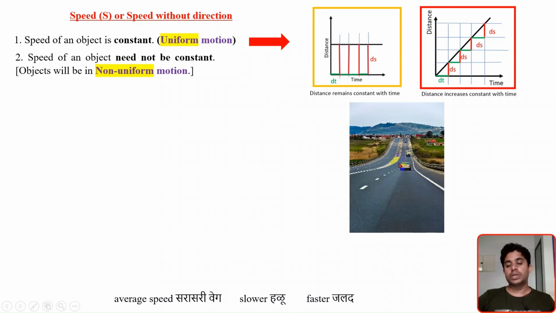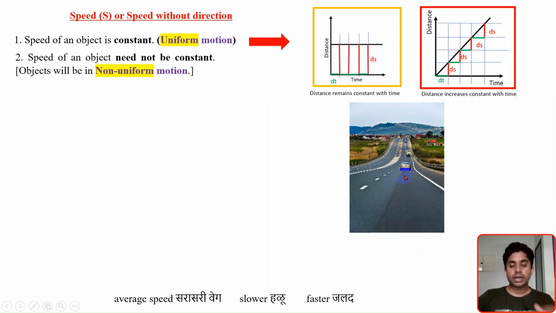Here, the car as an object, when it is traveling on the road, has many variations in speed: increasing speed, decreasing speed, maintaining constant speed, applying brakes and reducing speed suddenly. These are the kinds of things we experience while driving the car. At that point, I will say the car is in a non-uniform motion condition.